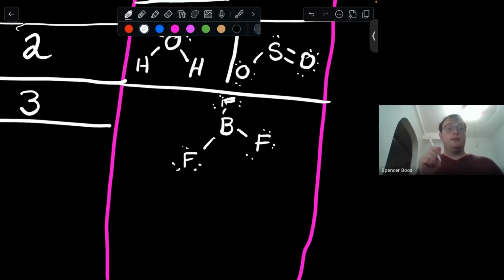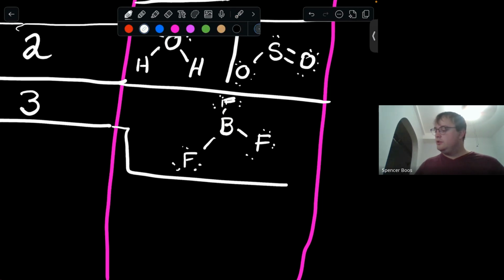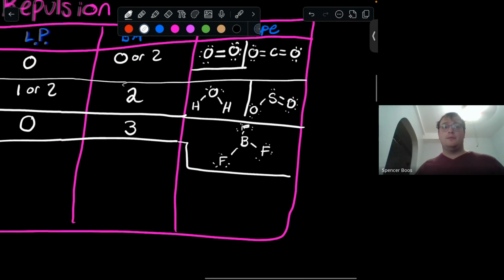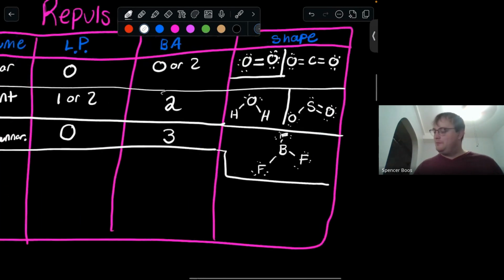Notice here, on this boron, no lone pairs, 3 bonded atoms. Trigonal planar.